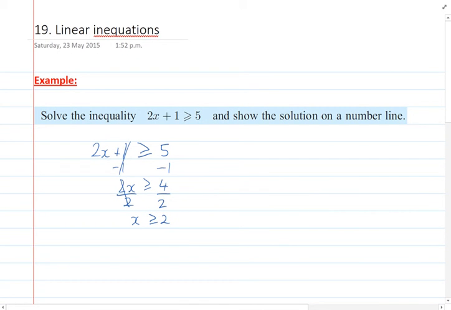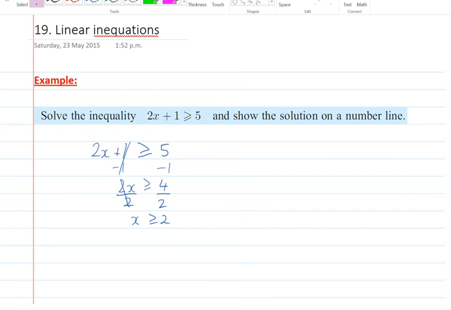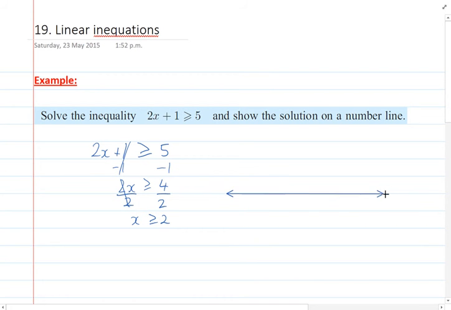There we go, there's my line. Okay, so we'll say 0, 1, 2, 3, 4, and so on, and then going the other way, -1, we won't go -2.